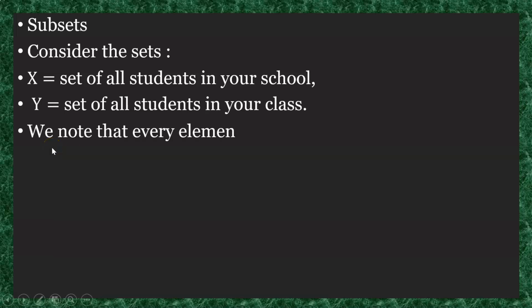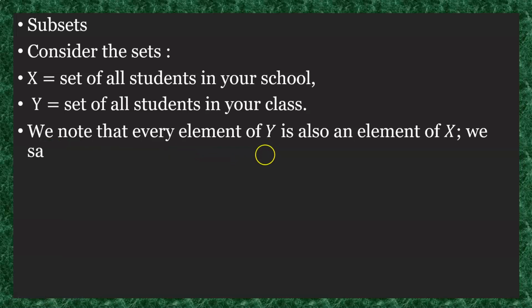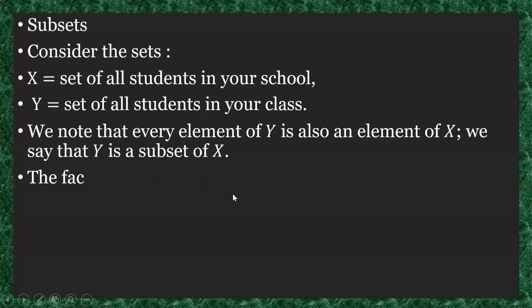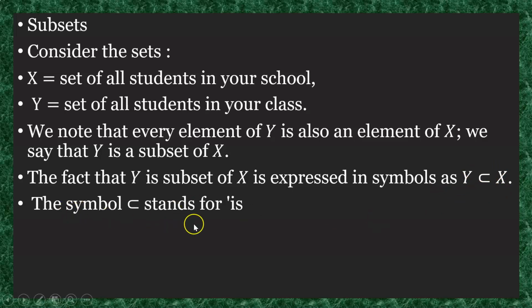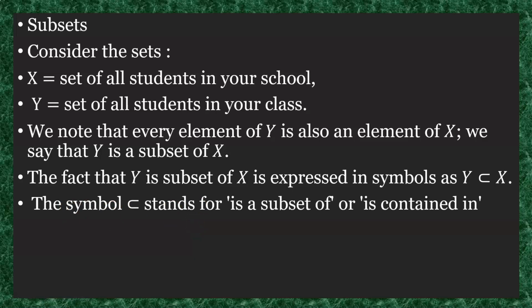We note that every element of Y is also an element of X. We say that Y is a subset of X. The fact that Y is a subset of X is expressed in symbols as Y ⊂ X, and this is the symbol. The symbol ⊂ stands for "is a subset of" or "is contained in".